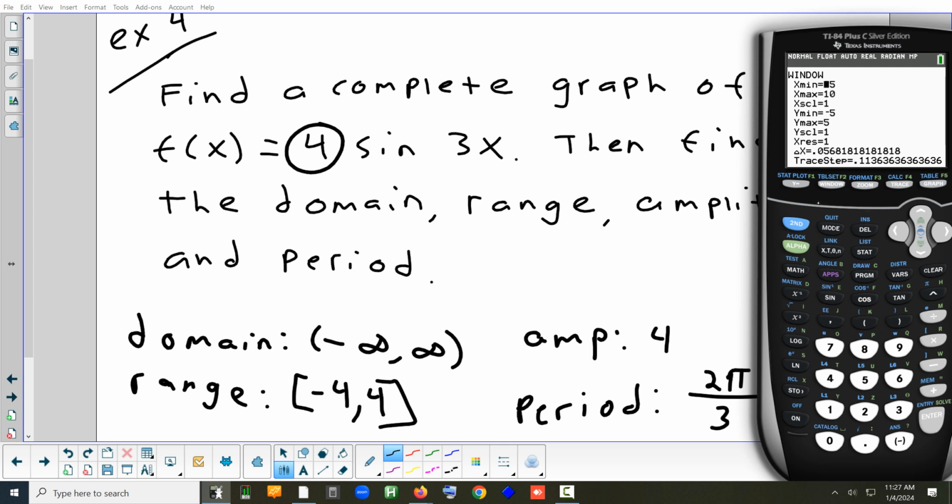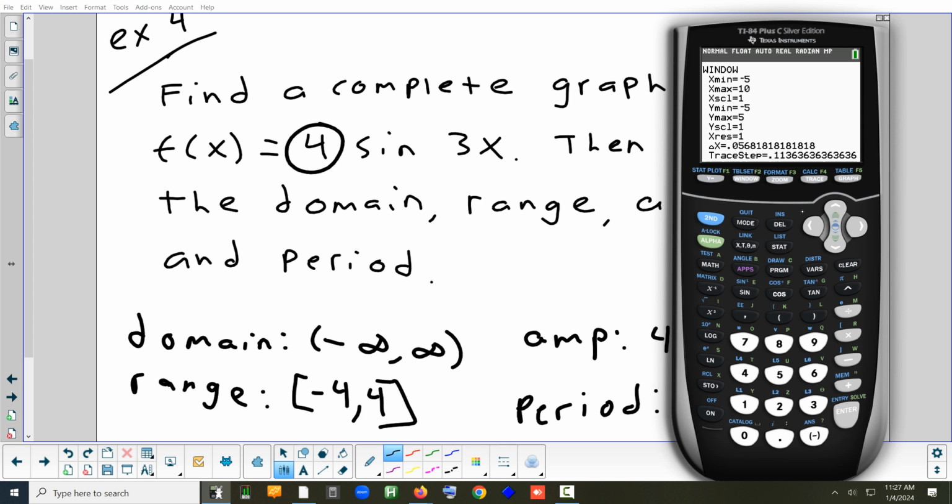So the easiest way to set up a screen that's exactly 2 pi over 3 radians long is start at 0 and end at 2 pi over 3. When you type 2 pi over 3 in, it will change it to a decimal for you. If you put everything in the way I did and you hit graph, you should see a perfect graph of one cycle, just like that.